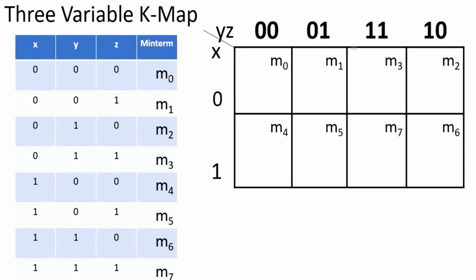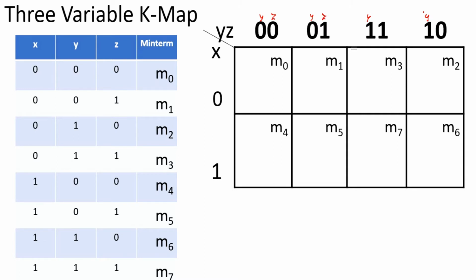So, saan si M0? Si M0 ay kung saan nag-meet si X at YZ na 0, 0, 0. X is 0. Yung value ng dito sa part na to, Y yan. Yan yung mga Y natin. Ito naman yung Z natin.